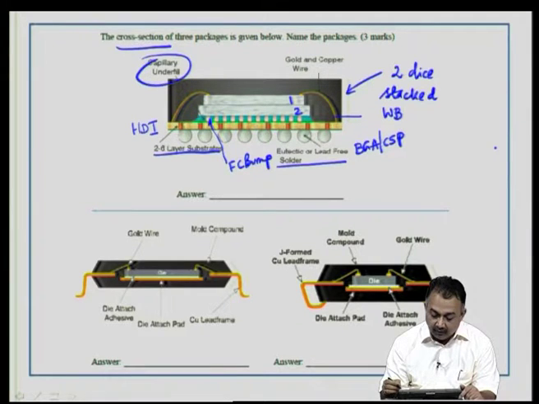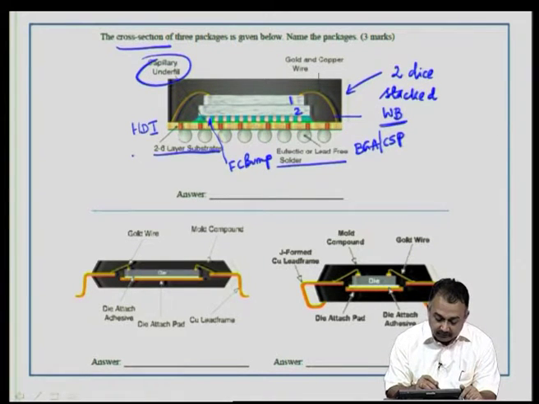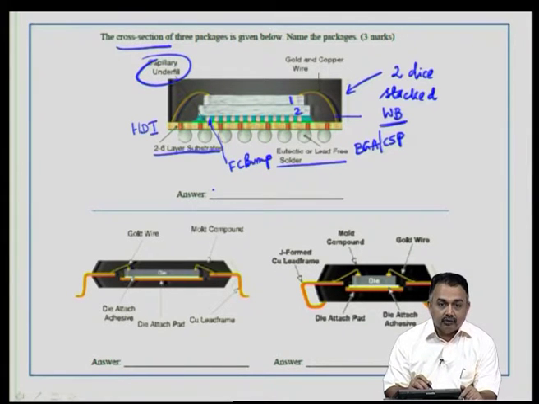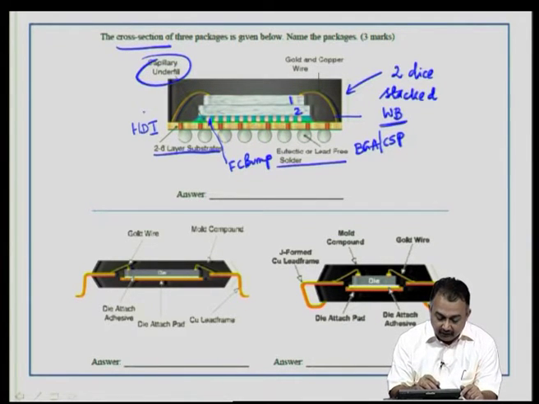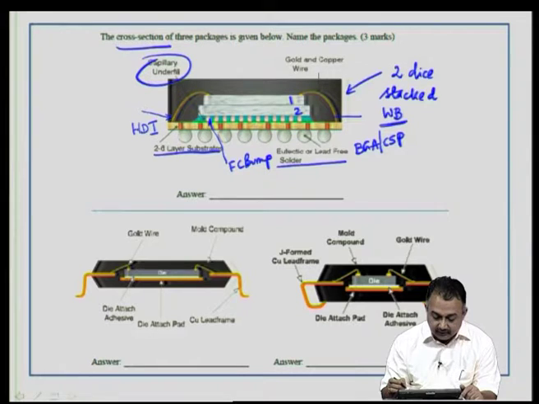Die number 1 is connected by means of wire bond to the substrate. So, this particular substrate takes up the interconnections of both die 1 and die 2. Die 1 in the form of a wire bond connected to the common substrate, and die 2 in the form of a flip chip bump array, which is also connected to this high density interconnect layer.